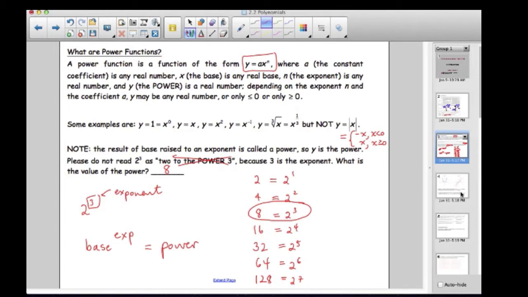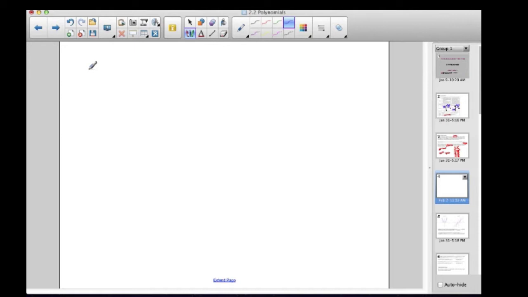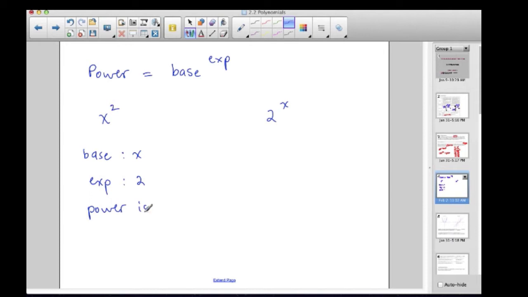All right, let's explore these power functions, but let's do a quick comparison between power and exponential functions. A power, as we just saw, is a base raised to an exponent. But we could have a function like x squared or a function like 2 to the exponent of x. In this case, the base is x, the exponent is 2, and the power is x squared.